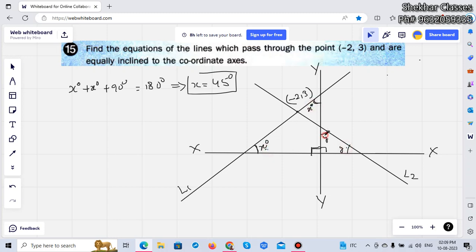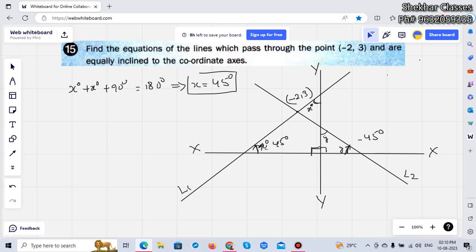But if I take the other way around, this is measured clockwise, so it will be minus 45 degree, and this will be plus 45 degree because it is anti-clockwise. Remember that part. Now using this, we have to solve the question.